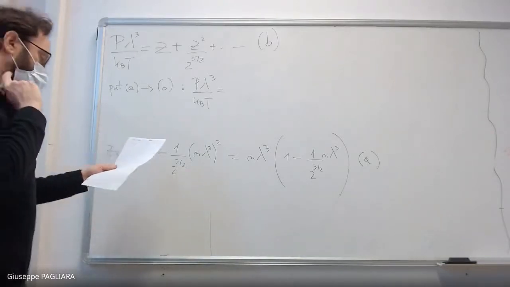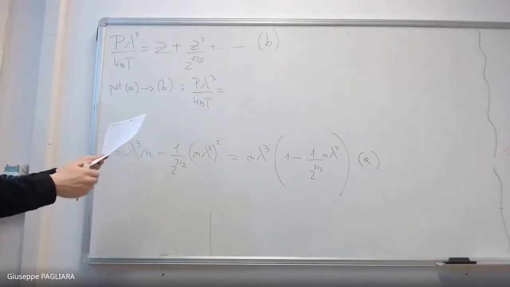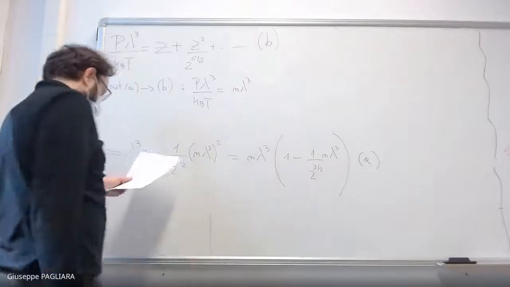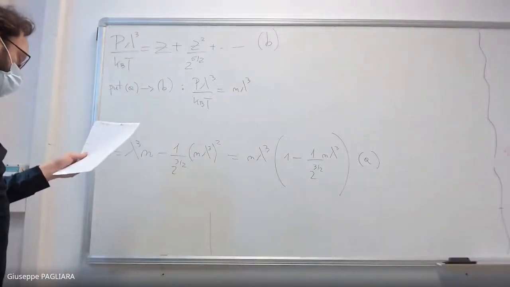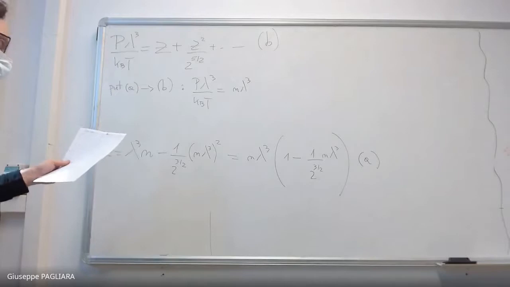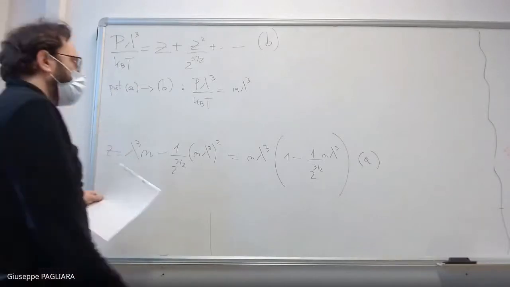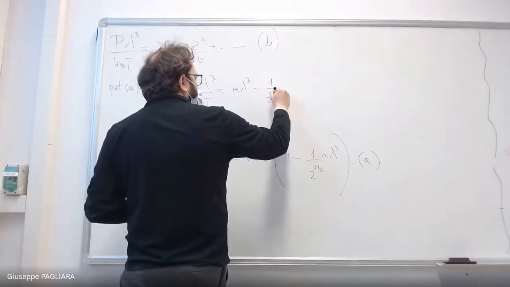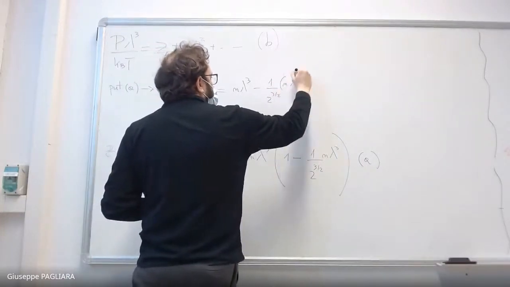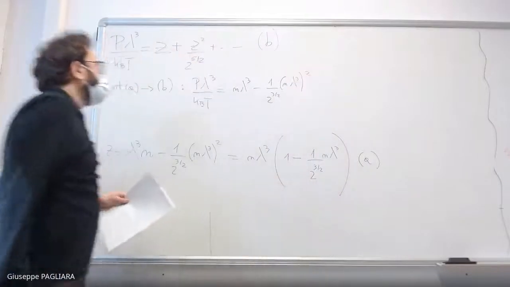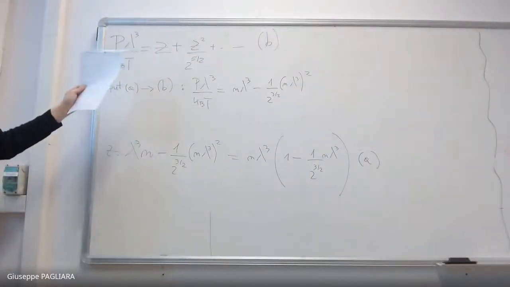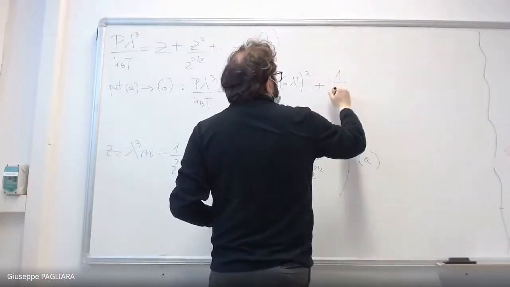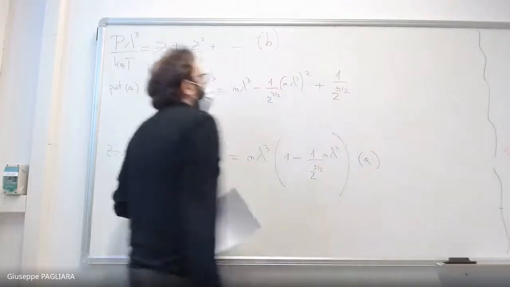Ok, if you do this, one gets n lambda cubed, and then 1 divided by 2 to the power of 3 half, n lambda cubed to the power of 2. Then I have another term which is 1 divided by 2 to the power of 5 half.